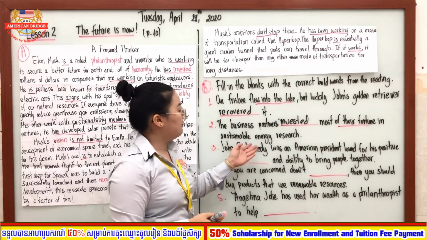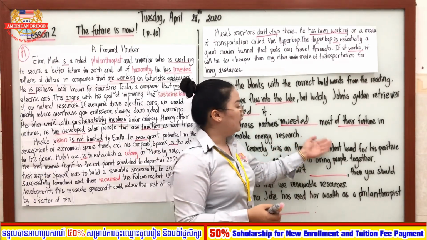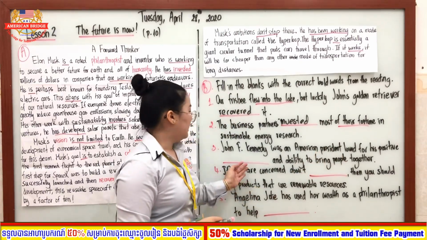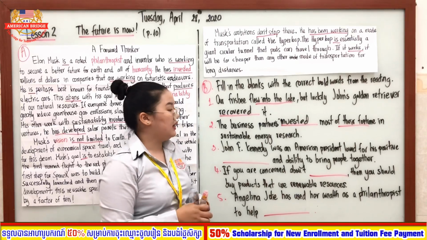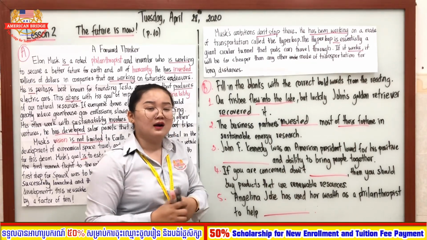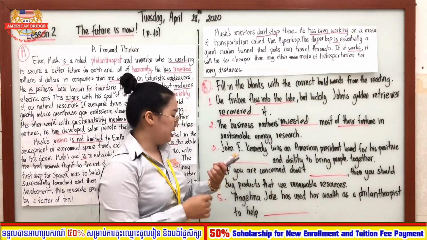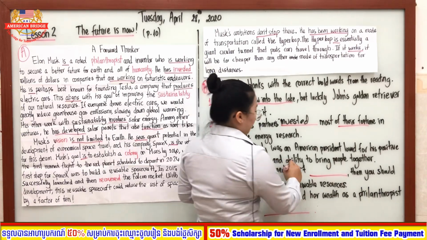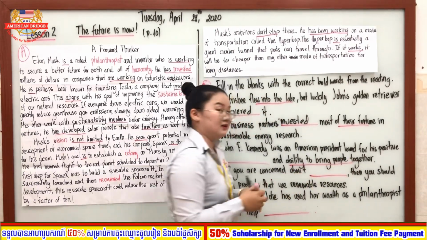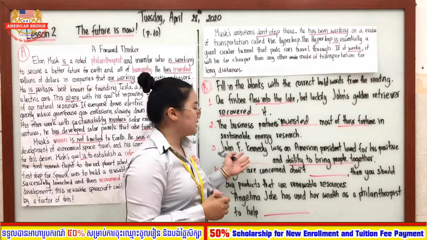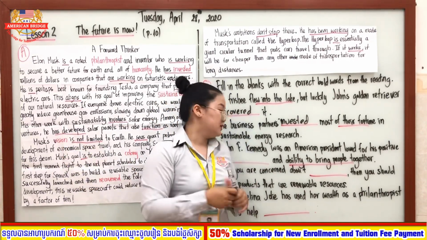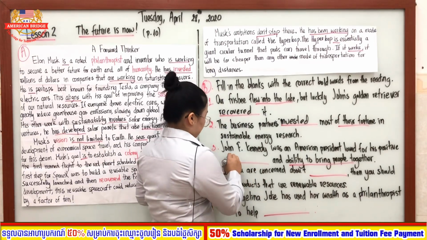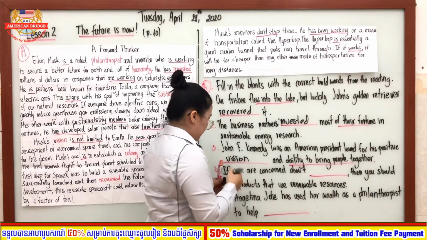John F. Kennedy was an American president loved for his positive and ability to bring people together. So what is the keyword for our sentence? The keyword is the ability to bring people together. So the word that we need to complete is visions. Move to the next one.